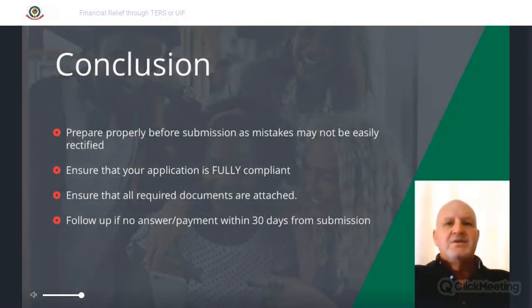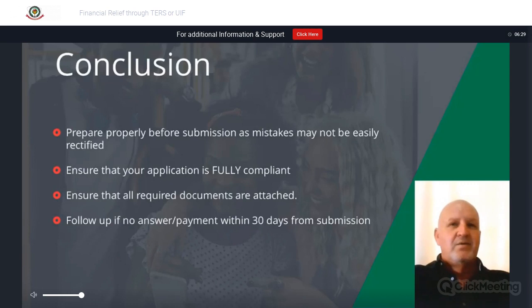In conclusion, I would just like to remind you to prepare properly before submission, as mistakes may not be easily rectified. Ensure that your application is fully compliant. In other words, the spreadsheet is in the correct format and all the supporting documents are attached. It's quite important that you do not send separate emails.